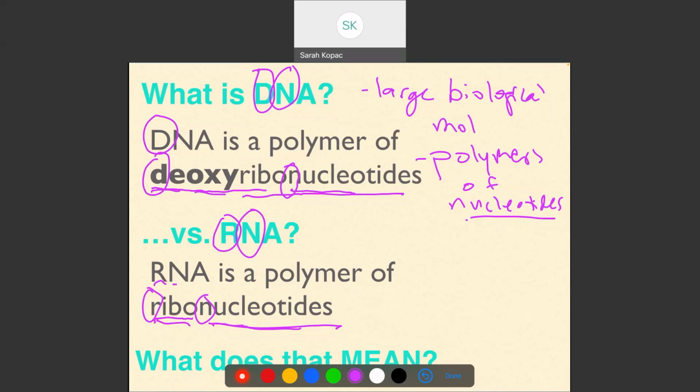That's what the RNA and the DNA stand for. And I'm going to write that up here. Deoxy. And I'm just going to break it down here so you can remember it. Deoxyribonucleic acid.